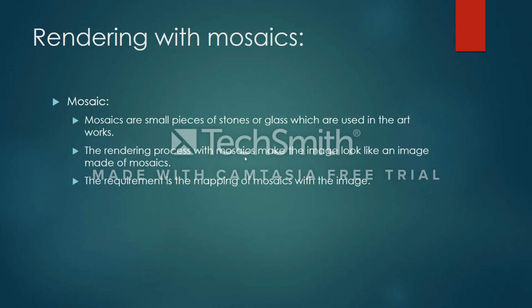What is rendering with mosaics? Mosaics are small pieces of stones or glass which are used in artworks. The rendering process with mosaics makes the image look like an image made of mosaics. The requirement is the mapping of mosaics with the image. So in mosaic rendering, we map samples of mosaics to the texture of the object so that it looks like a rendered image with mosaics.